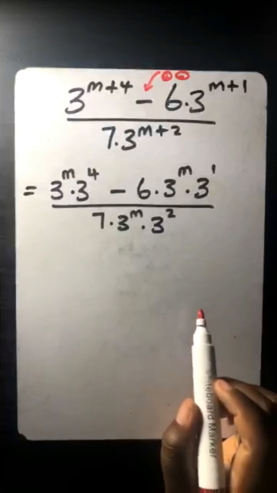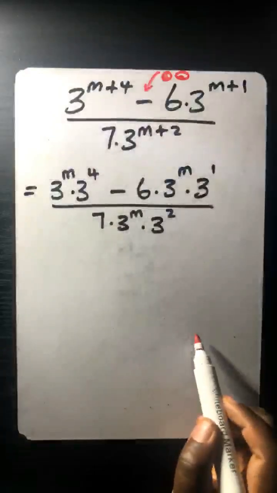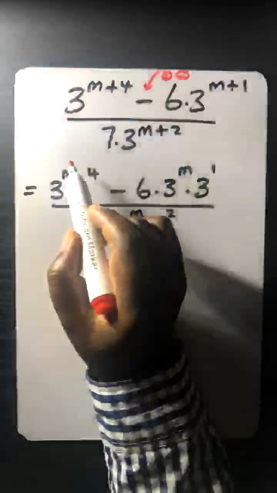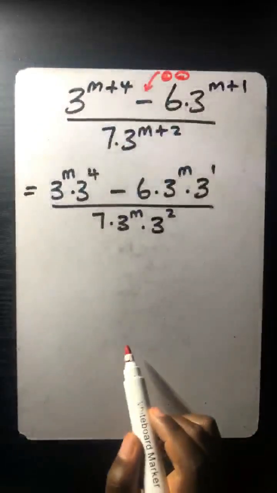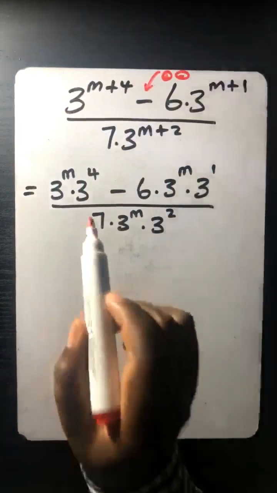That's how I knew I need to expand those. I did that because I knew I was going to take out a common factor and cancel something from the top and the bottom. So it's best to expand.